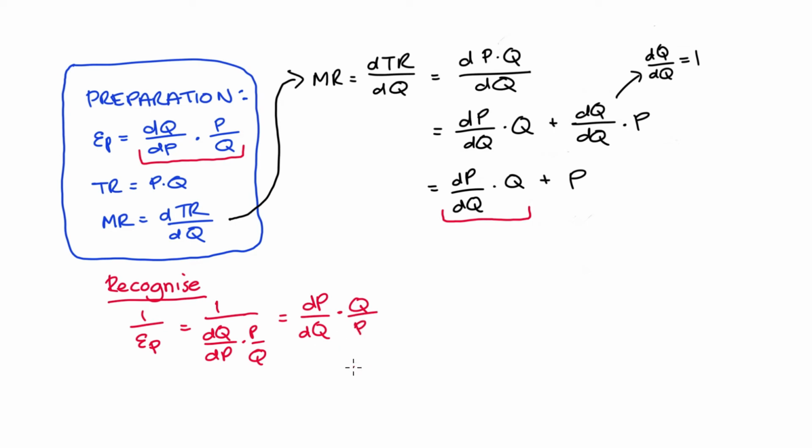I hope that you can see that the only thing that we're missing in order to turn that first term of our derivative into the inverse of our elasticity is just a price variable on the denominator. And that's exactly what we're going to try to do.